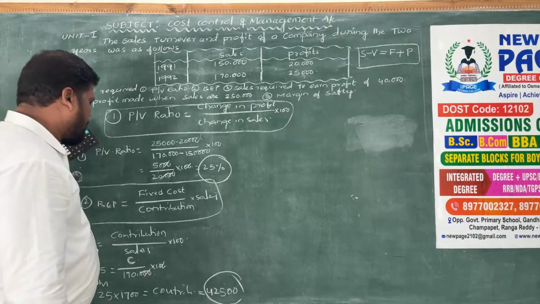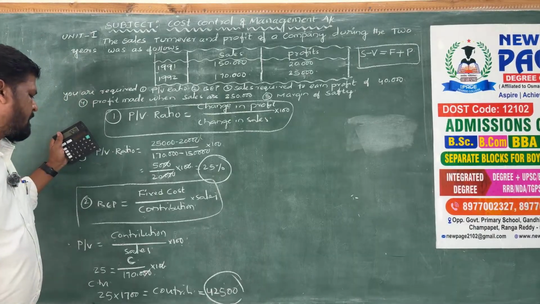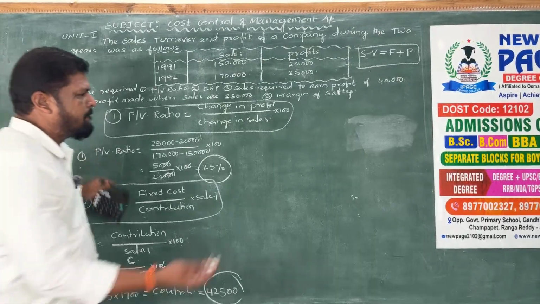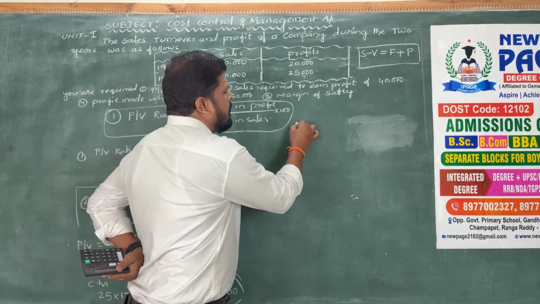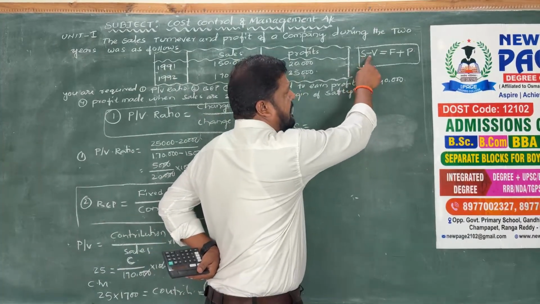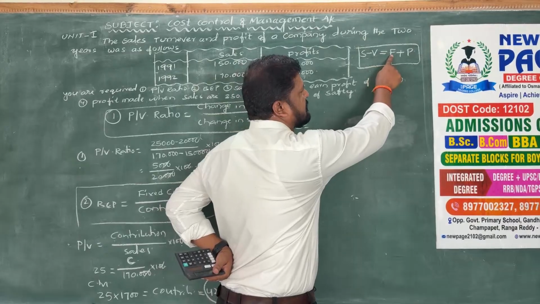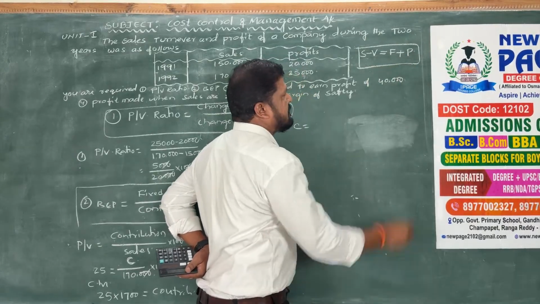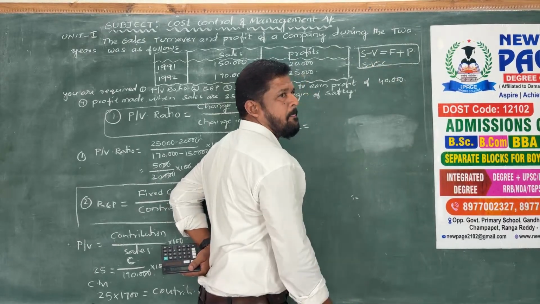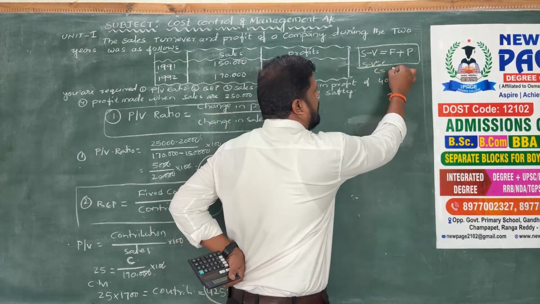Then find out the fixed cost. Right? Here, see this equation: sales minus variable cost is equal to fixed cost plus profit. Right? Sales minus variable cost is equal to contribution. Contribution is equal to, what is the formula?